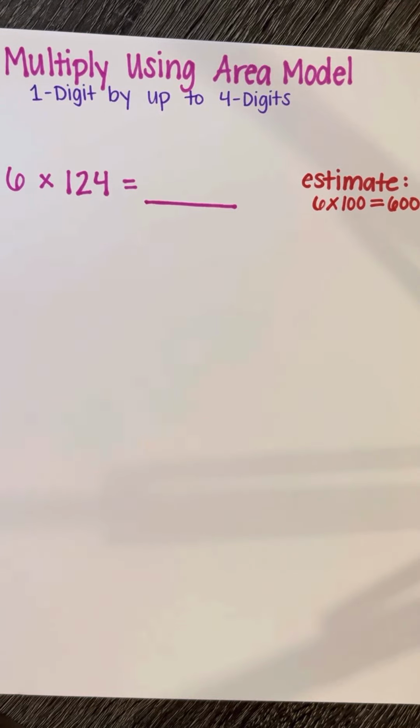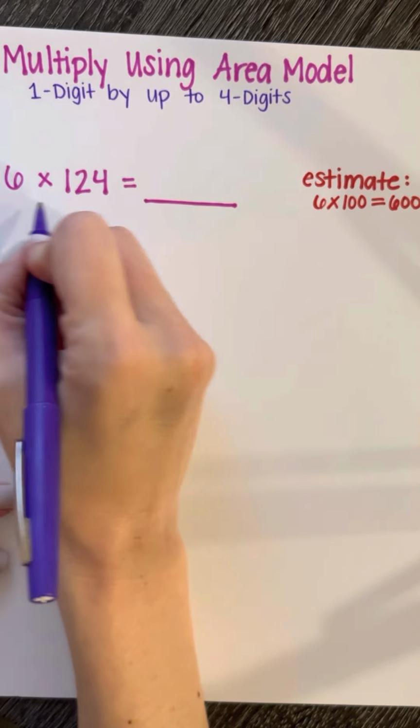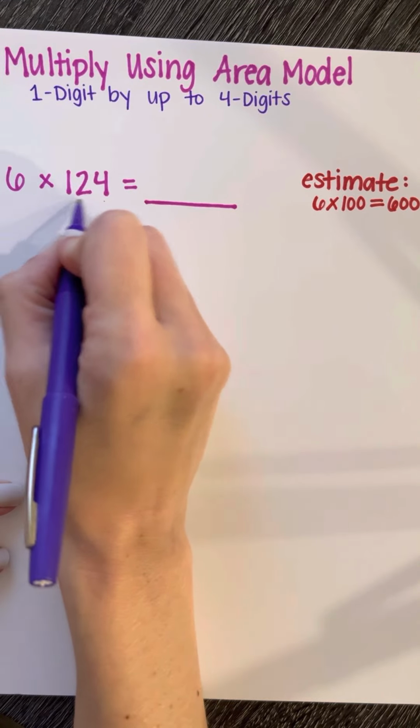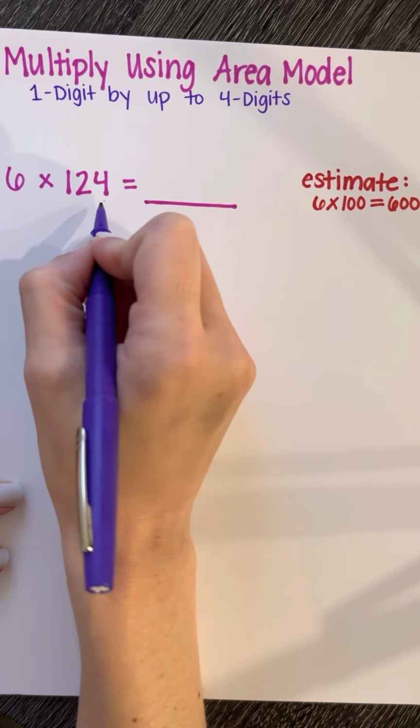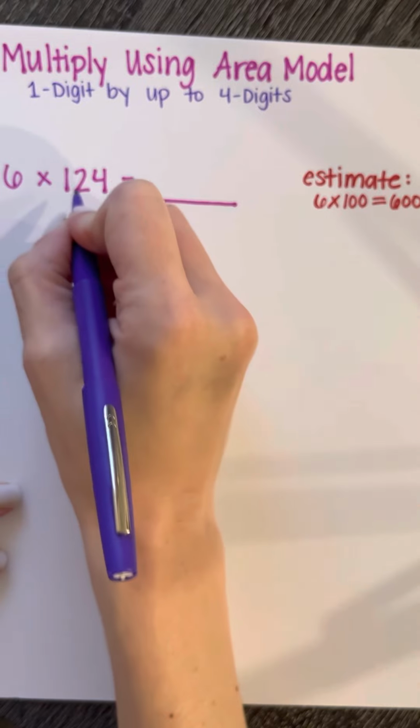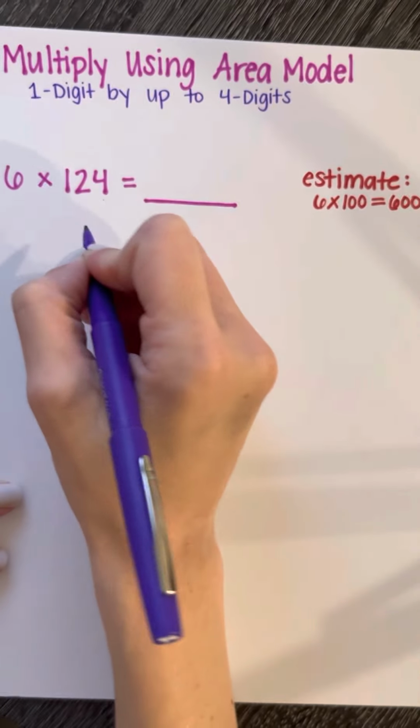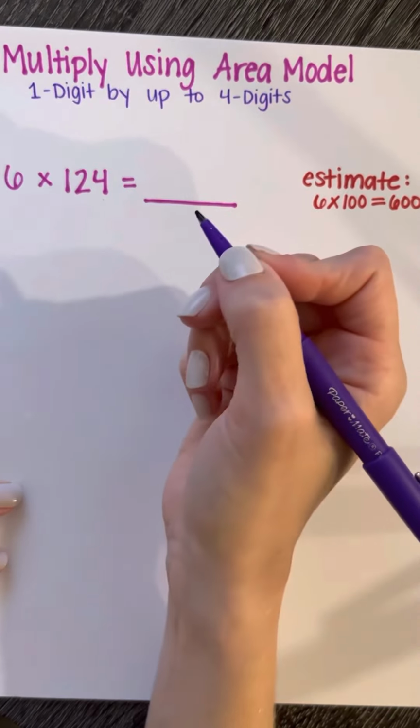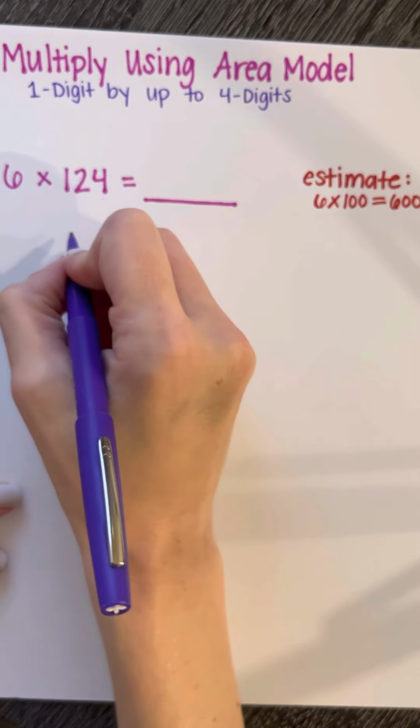So keeping that in mind, we're now going to look at 124 and expand it. We're going to take each place value, each digit, and write the values of each of these digits.